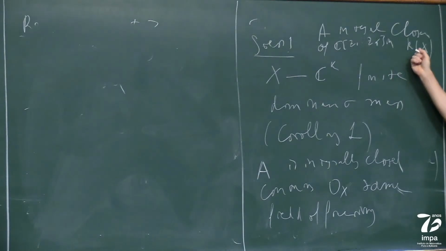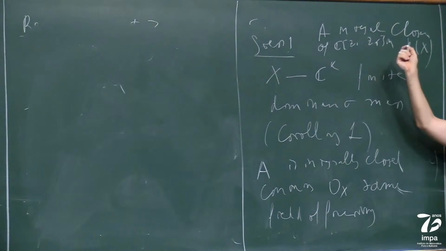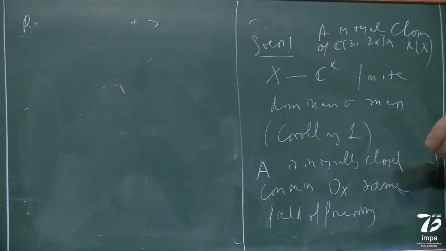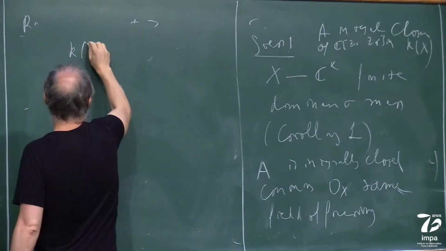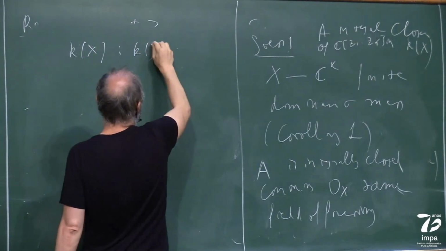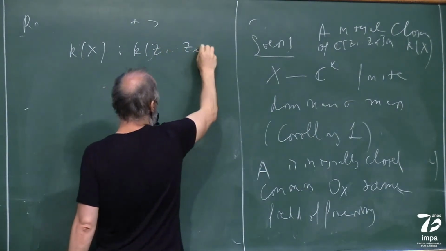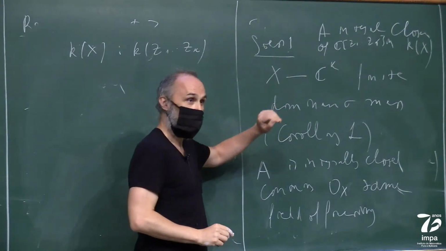This means that the corresponding fields of fractions are the same, because K of X is a finite extension of K of z_1, ..., z_k. This is because this map is finite.